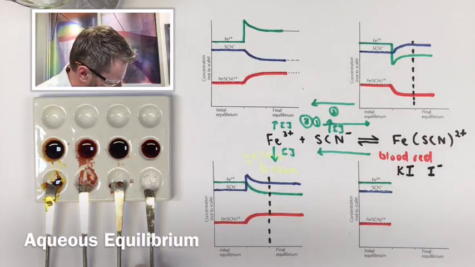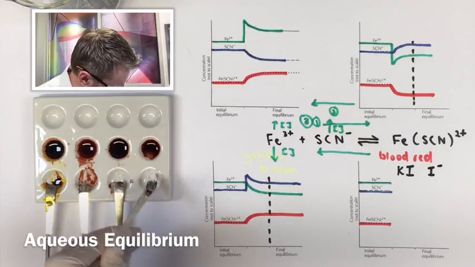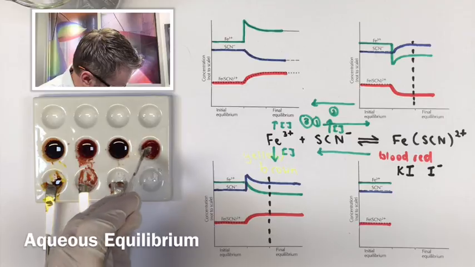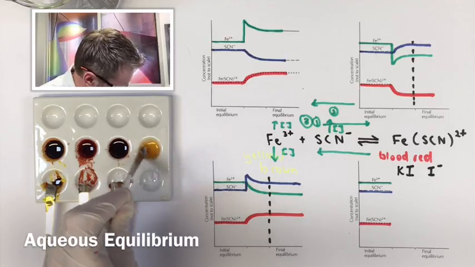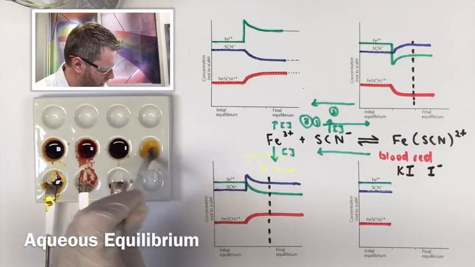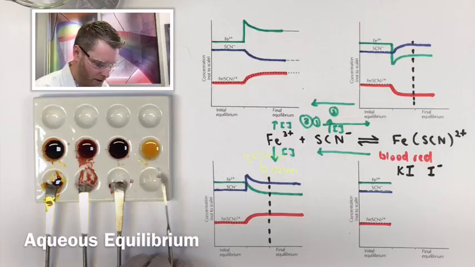I'll add a small amount. This one's a little bit more immediate. A few rice grains. And with trial 2, I think we added a bit more in trial 2. This is more what we'd be looking for in the shift. This is a definite shift. We've got that yellow-brown colour being produced.